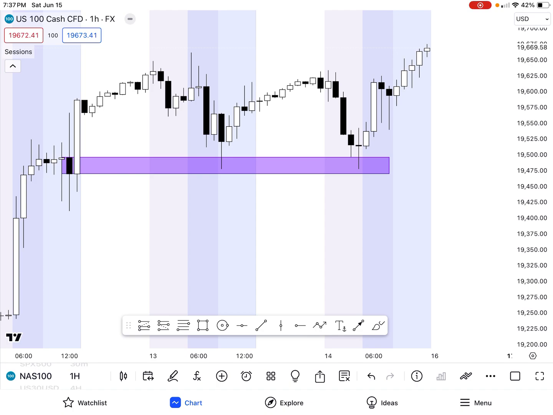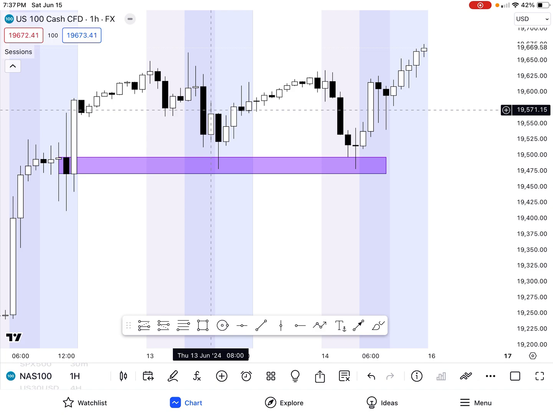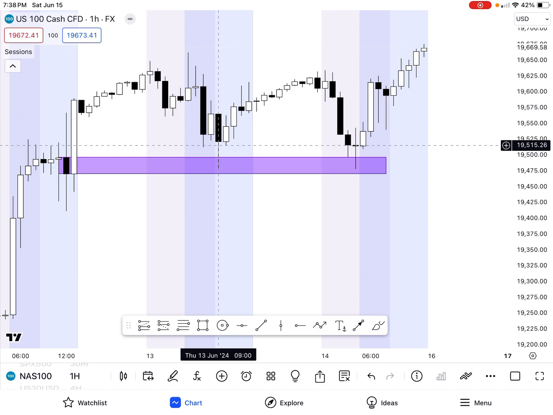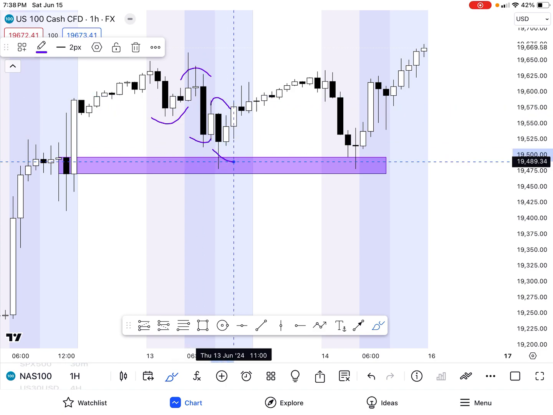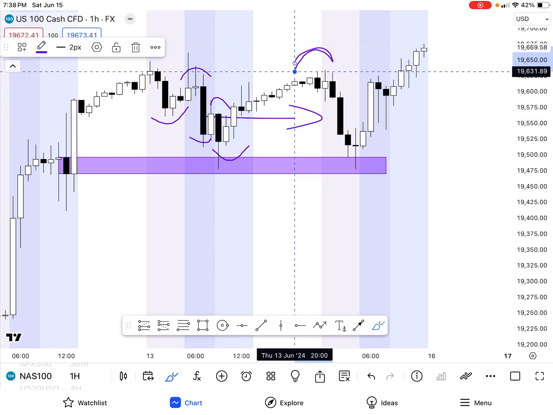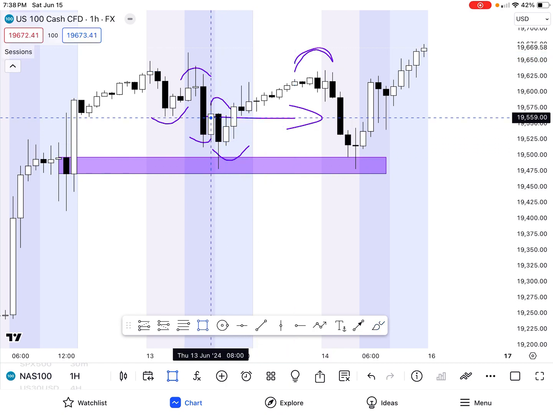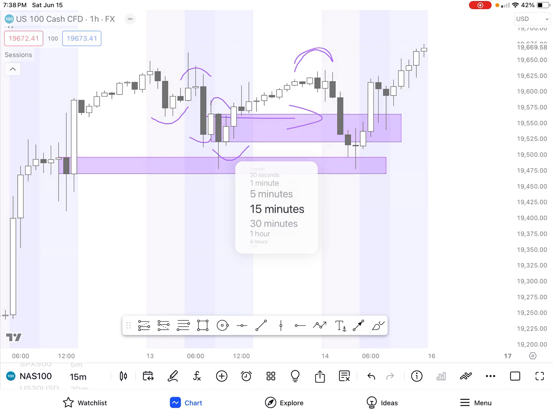Once price came into here, the first time it went lower low, lower high, lower low, lower high, lower low, and then it ended up breaking, closing above the current lower high. So perfect. What I'm thinking now is, I'm looking at this as a new higher high, and once price comes into this last down move before that break of structure, I am now looking in the smaller time frame, which is going to be the 5 and the 15 minute.